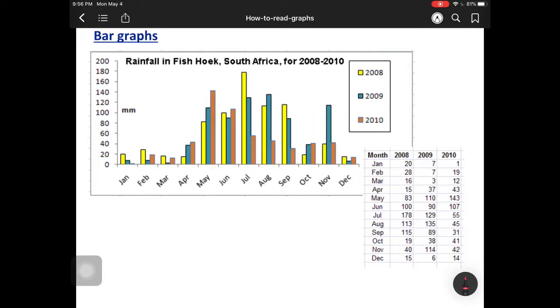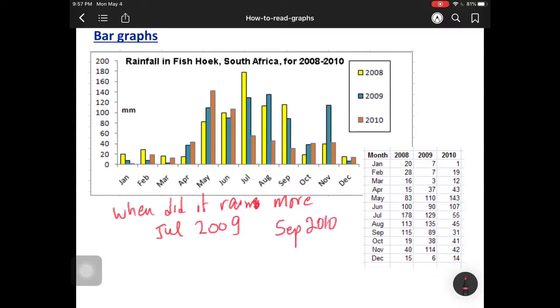So let's say the question here is, when did it rain more? Did it rain more in July 2009, or did it rain more in September 2010?